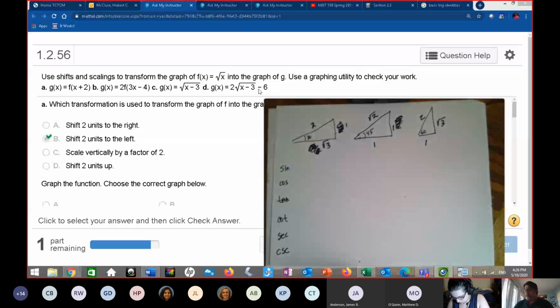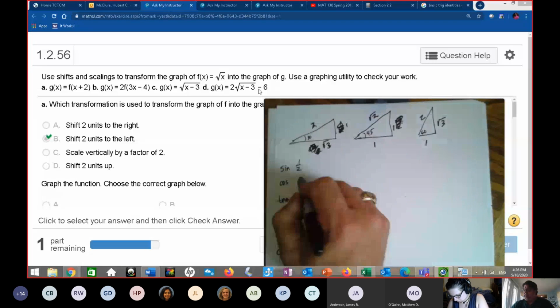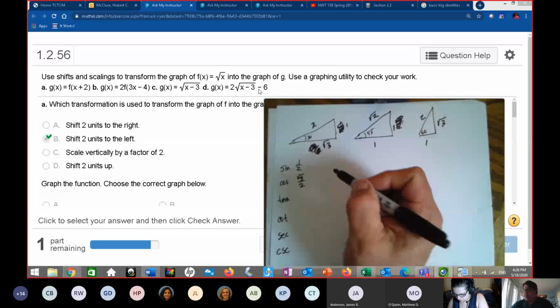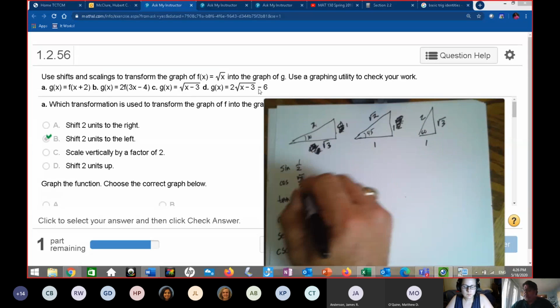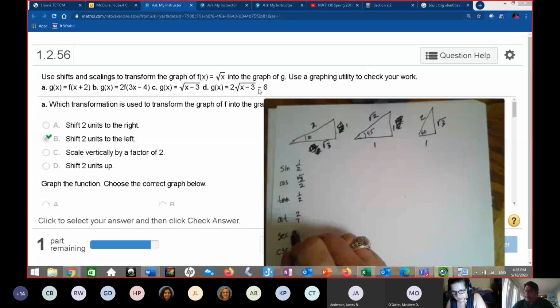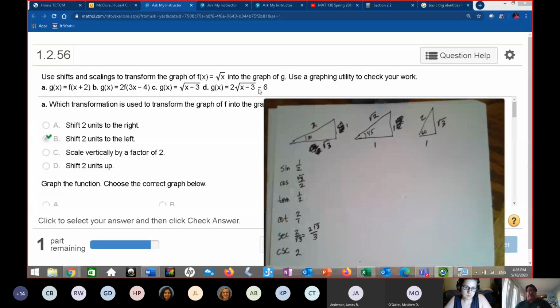And I don't tell students to memorize it because that's a pain. So for 30 degrees: 1/2, square root of 3 over 2, 1 over square root of 3, 2 over 1, 2 over square root of 3, which is equal to 2 square root of 3 over 3, and 2 over 1, which is 2. Now make sure you can do that with your special angles.